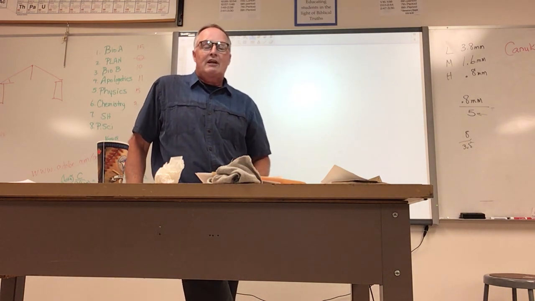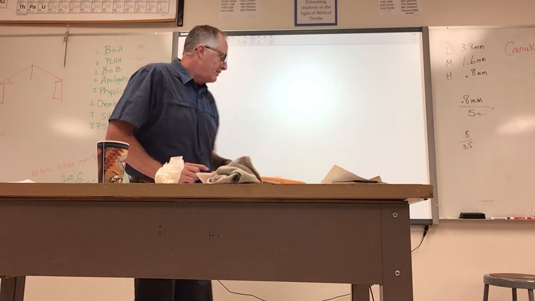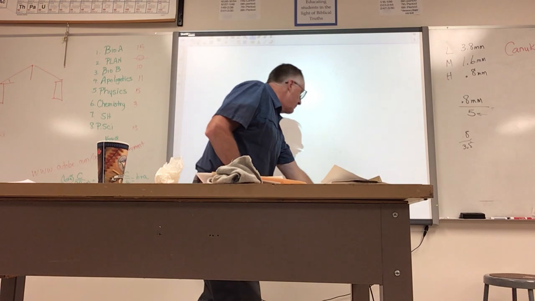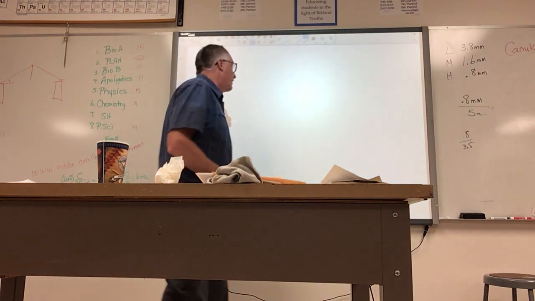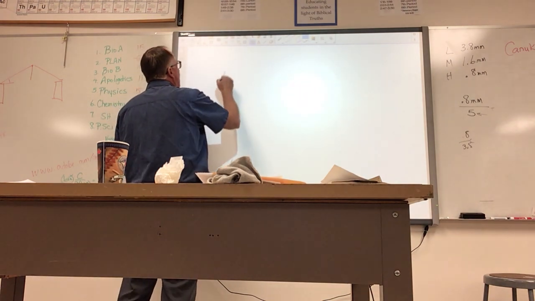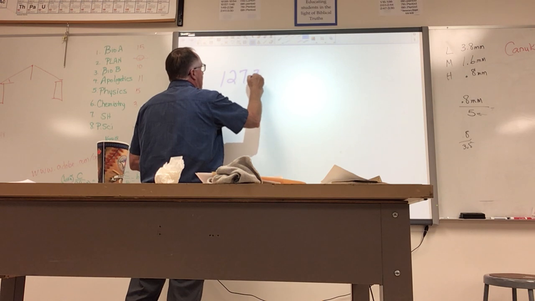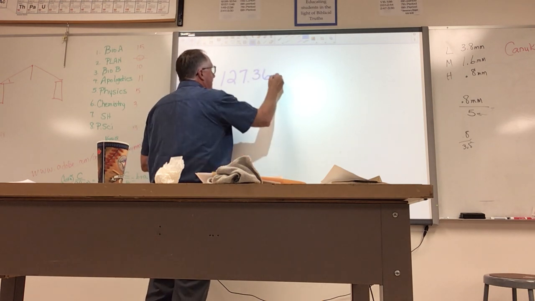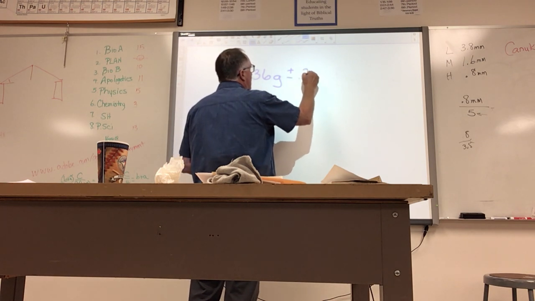But we need to calculate the percent uncertainty. So let's do that. Let's say that we measured something and it was a mass of 127.36 grams, and it's plus or minus, let's say, a quarter of a gram.